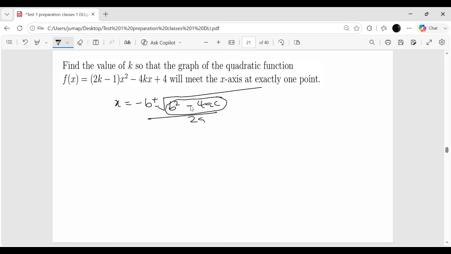Then when you get one solution, for example, you get 0 inside, meaning that you're going to have one solution. So that tells us that this discriminant affects the solutions of x. Are we together?